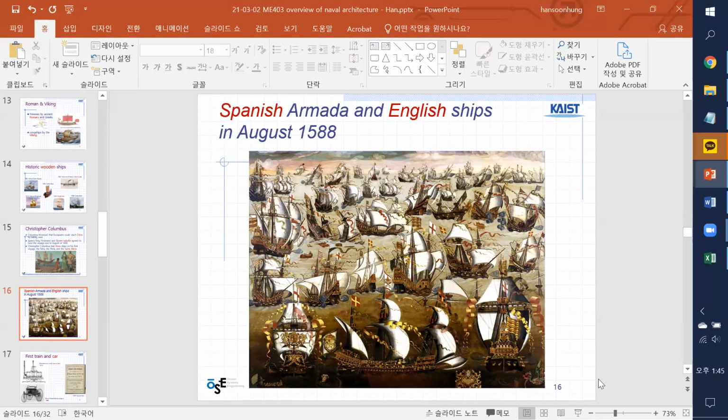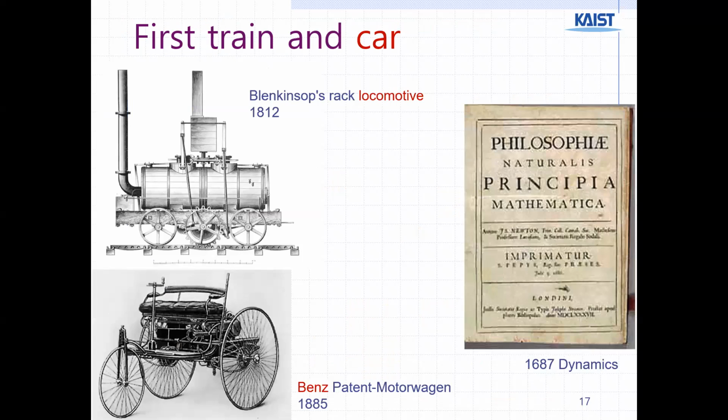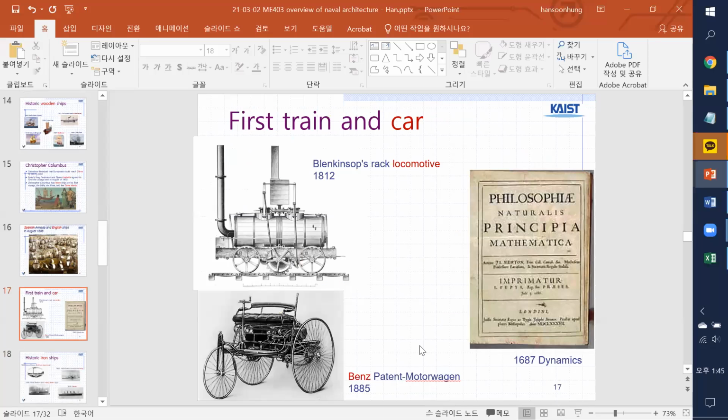So after that, England was leading the world in terms of navy. And this is about the first train in 1812 and the locomotive engine, and also the first car coming from Benz is about 1885. So it is less than 300 years old.